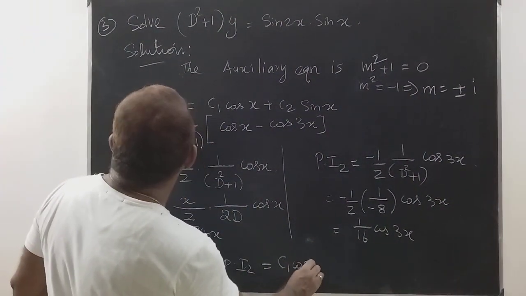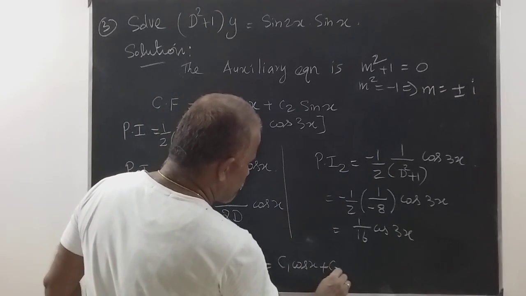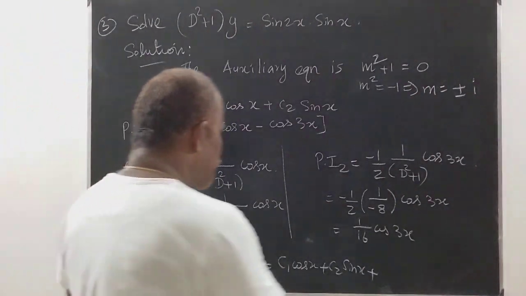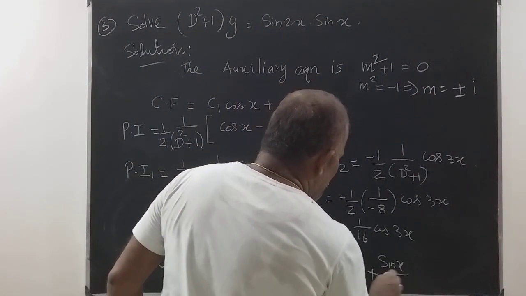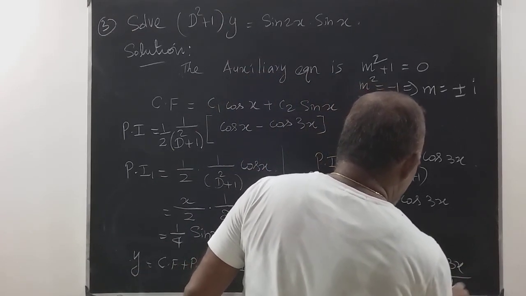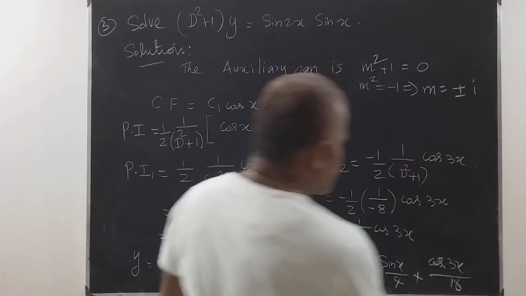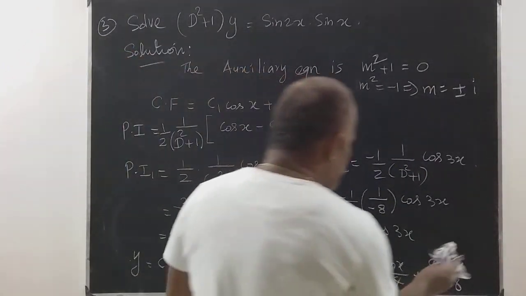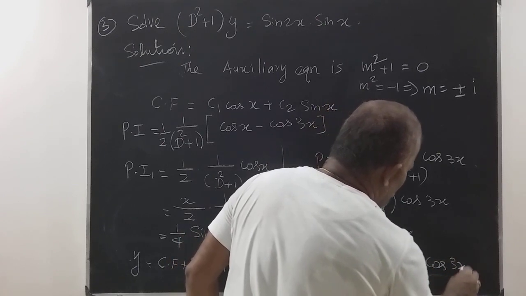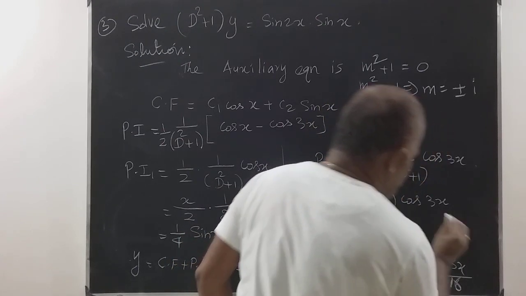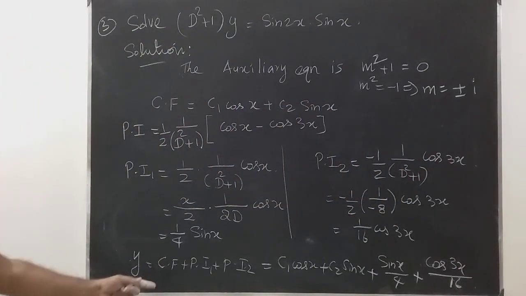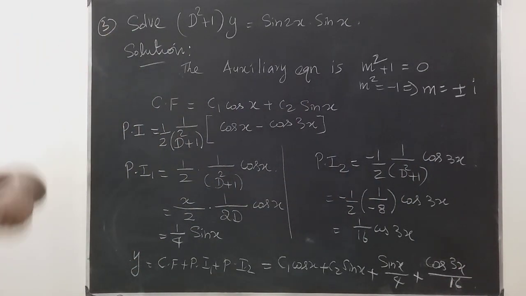C1 cos x plus C2 sin x plus 1 sin x by 4 plus cos 3x by 16. So which is the required solution for the given differential equation.